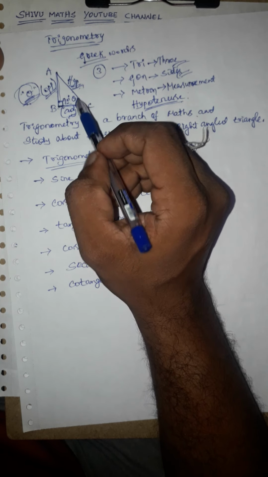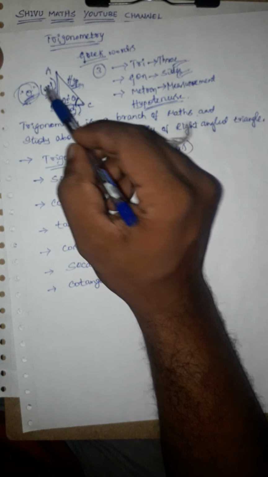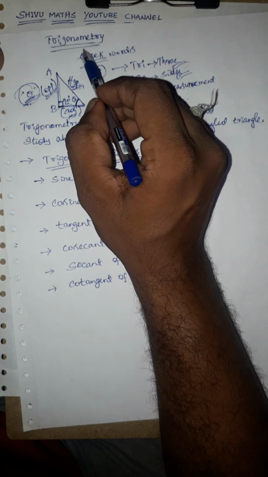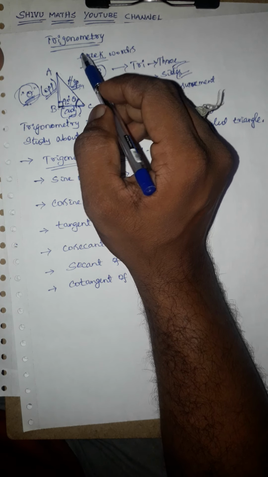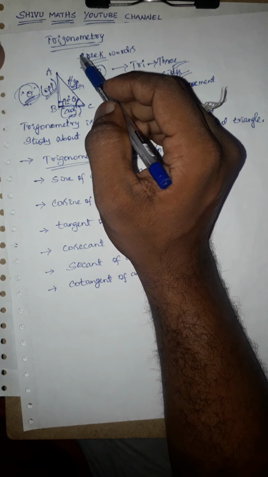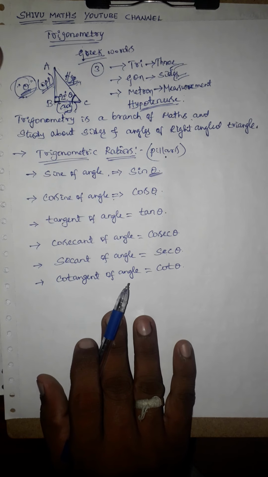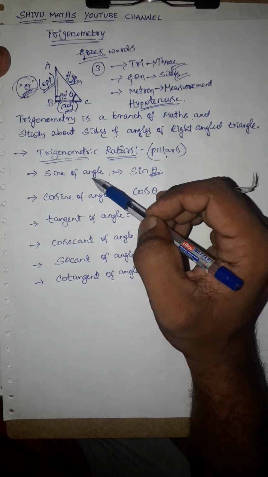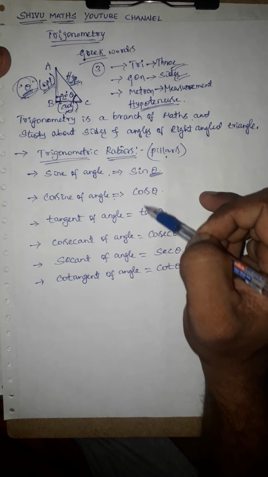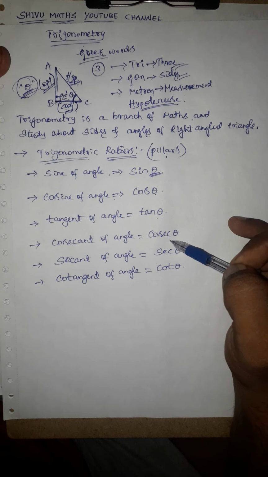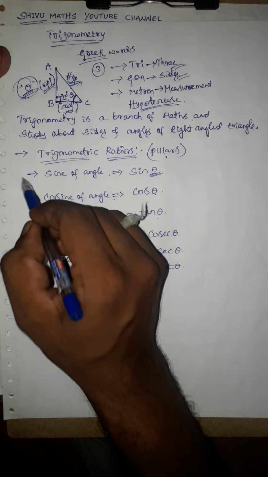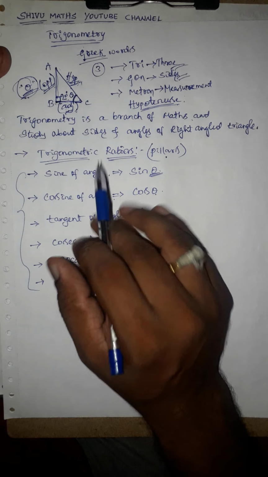These three sides of the right angle triangle, we study about them, and we call it trigonometry. All of you understand? I hope you understand. So the ratios of these sides are sine theta, cos theta, tan theta, cosecant theta, secant theta, cot theta. These are the fundamental ratios in trigonometry.